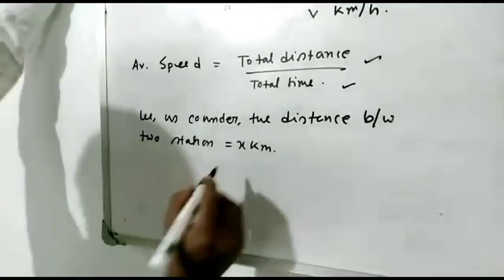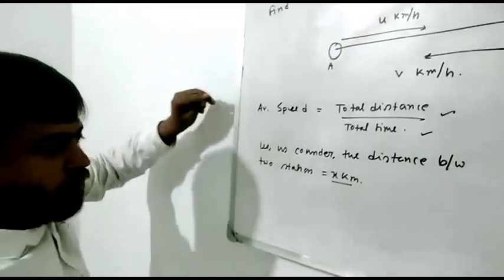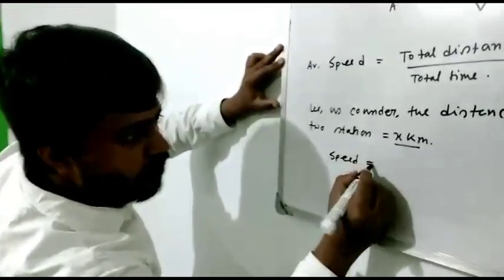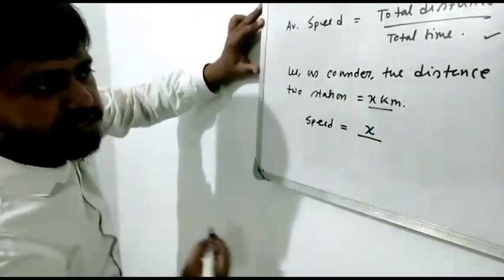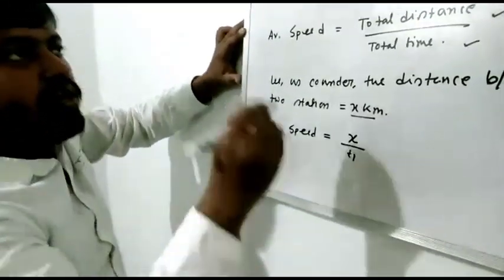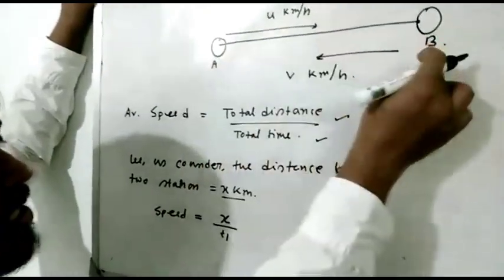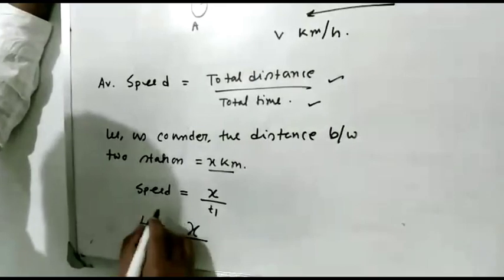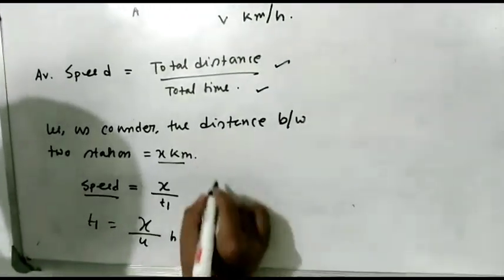So first x kilometer, the train journeys with the speed u km per hour. All of you know speed equals distance by time. So distance is x, and we can consider time equal to t1. So for the first case, the time taken to move from station A to station B will be t1 equals x by speed, that is u, so x by u hour.